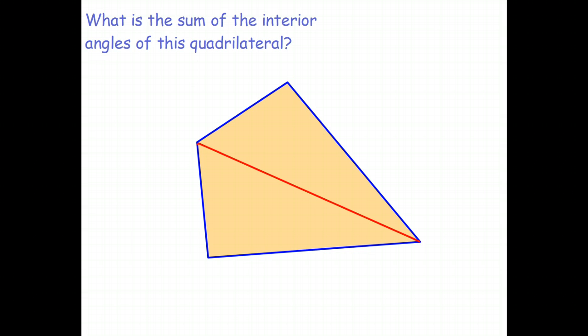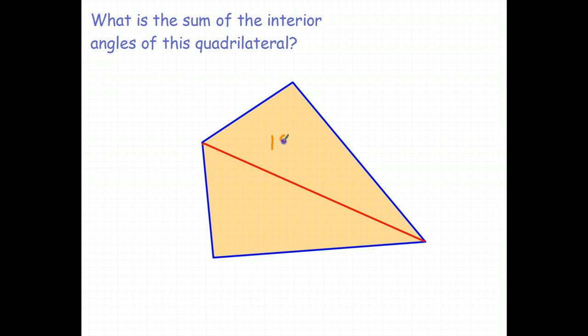The angle sum of each triangle was 180 degrees. And if you add those two together, 180 plus 180, you get 360. So for any quadrilateral, the angle sum is 360 degrees.